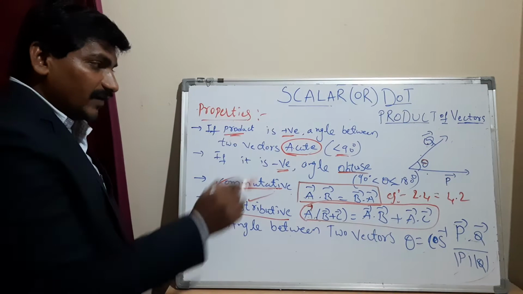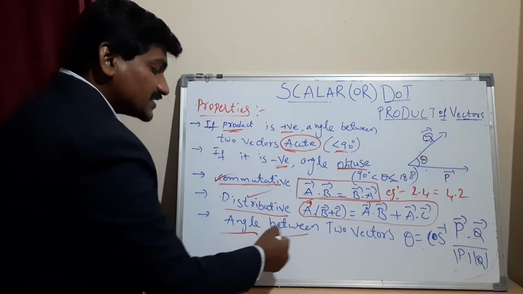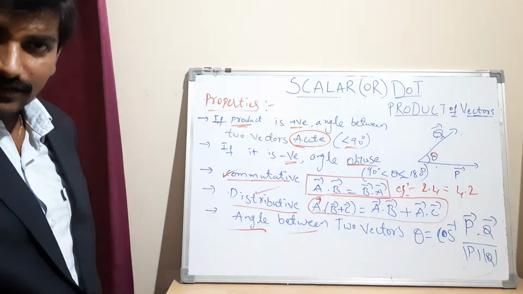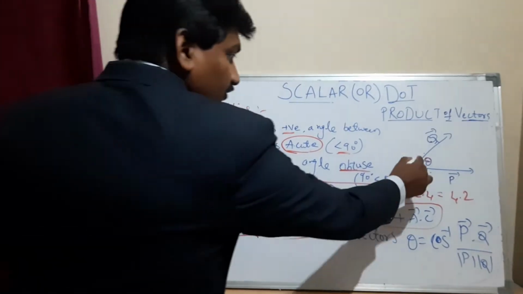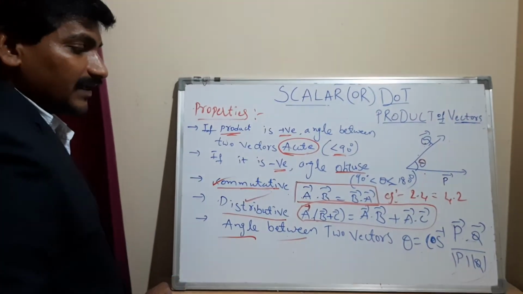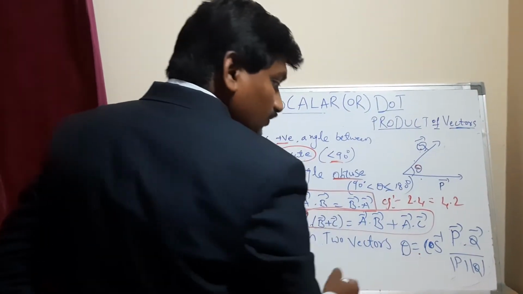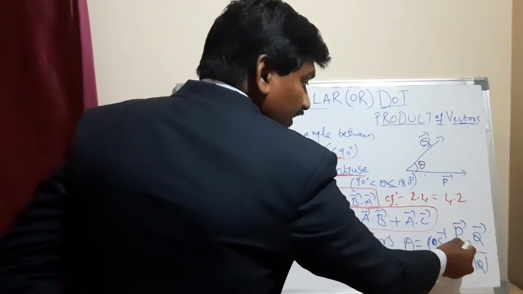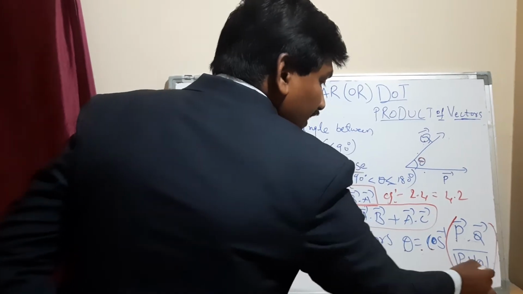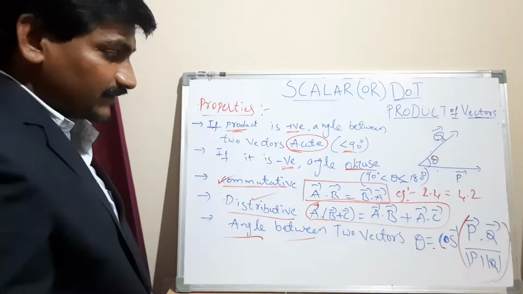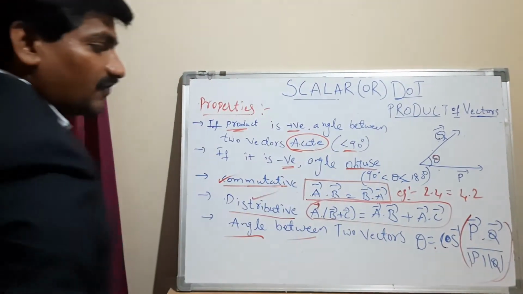Next, let us say two vectors are making some angle theta. That can be written in terms of theta: theta equals cos inverse of P dot Q by modulus of P and Q vectors. This comes from the basic formula only.